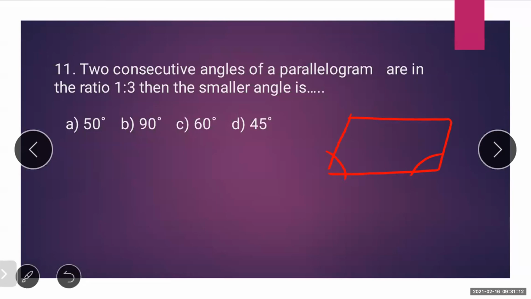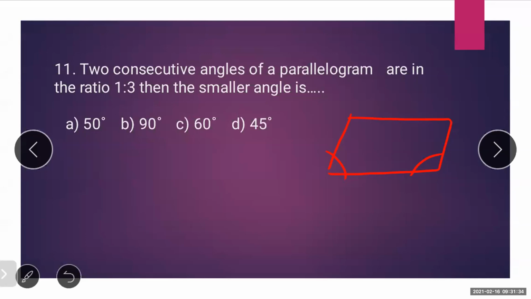So if I say that this is 1x, or x, why? Because this is given in the form of a ratio. Ratio means some common multiple is there with the numbers. Directly you cannot say that it is 1 degree or 3 degrees.